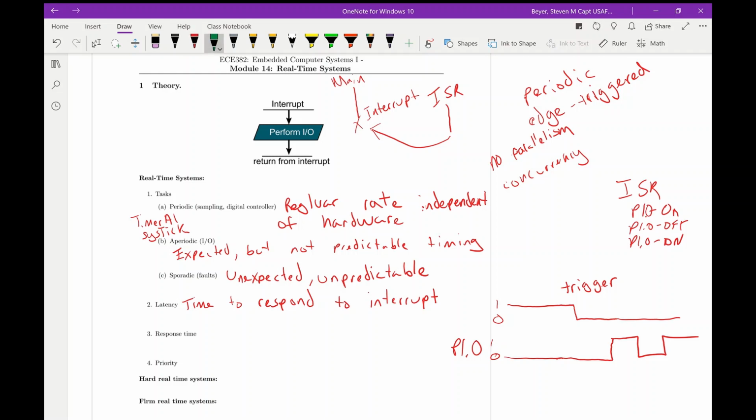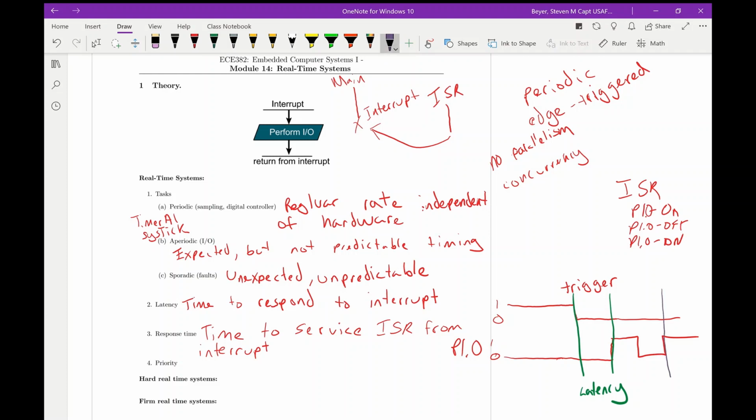So trigger, and we'll see this again here in a second, latency is this time here. Response time is the time... So this basically now is, okay, we just completed, this is all our ISR does.